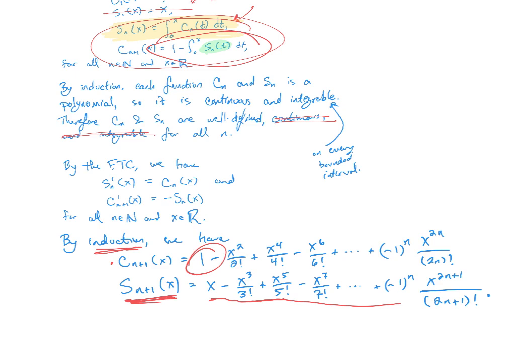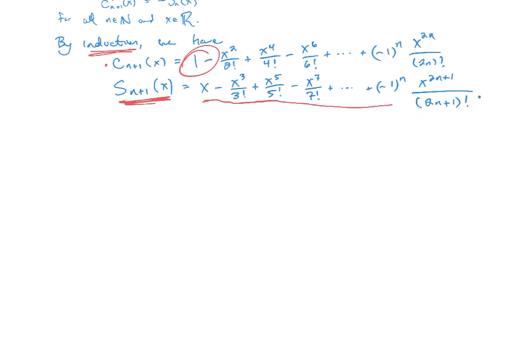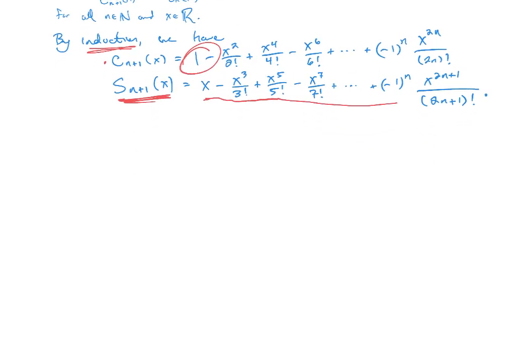Okay, so now that we got the formulas, we can prove some uniform convergence. Remember, we can only do uniform convergence on a bounded interval. So let's consider a bounded interval. All we're going to need now are those formulas.